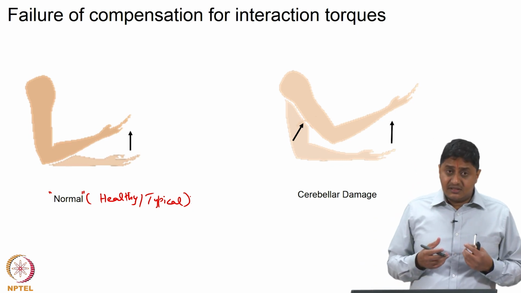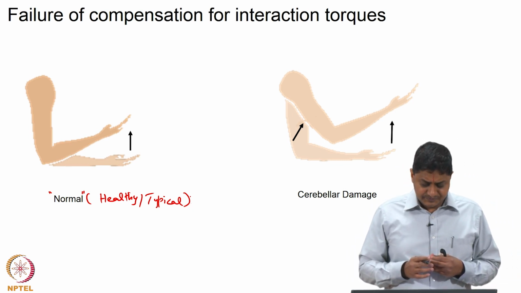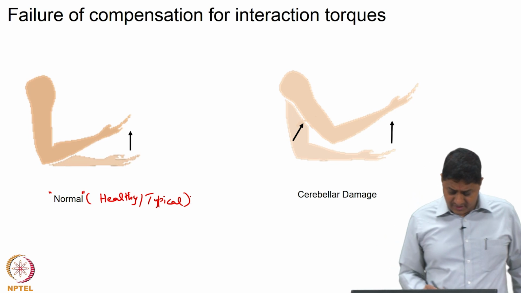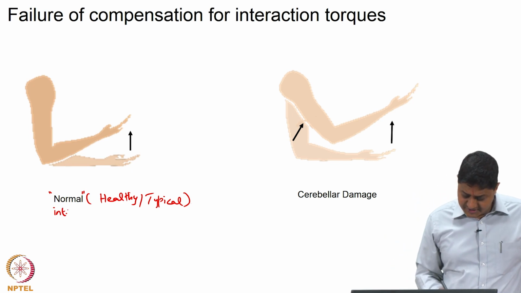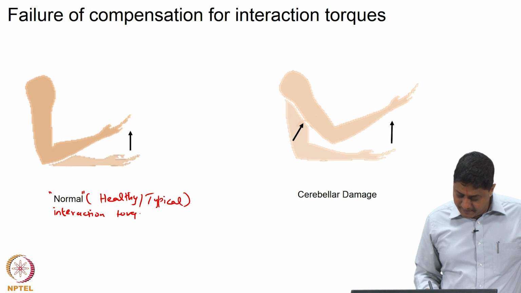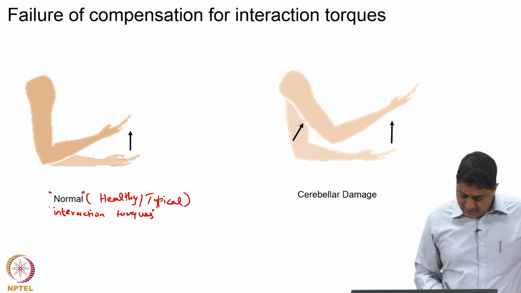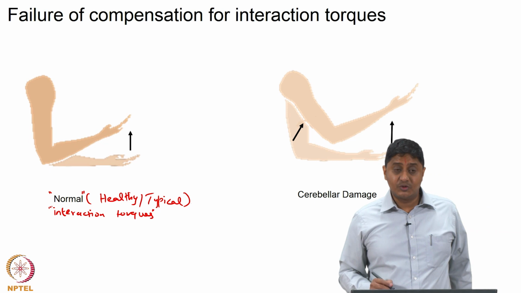It turns out that these individuals account for what are called interaction torques. When I move a more distal part of the body, it also causes movements of the more proximal region.